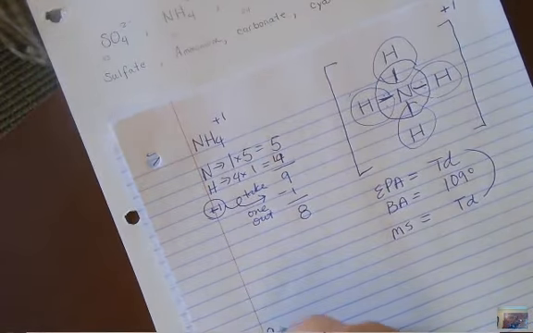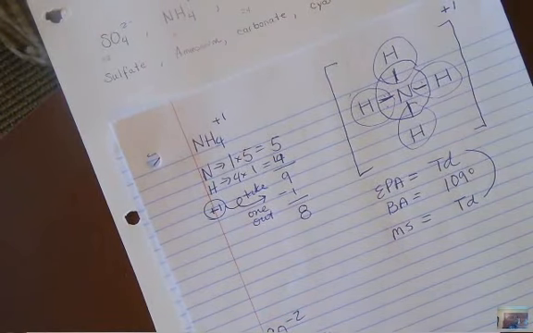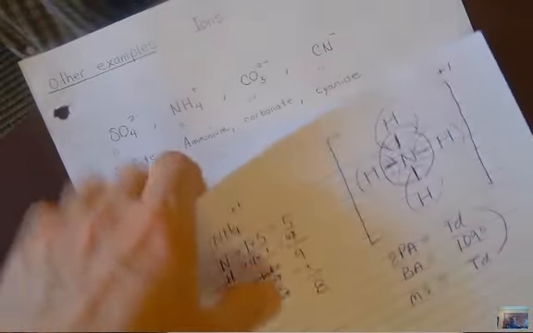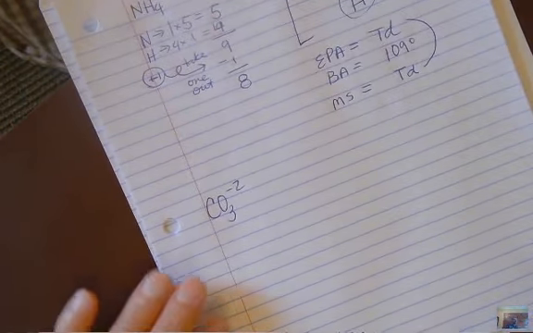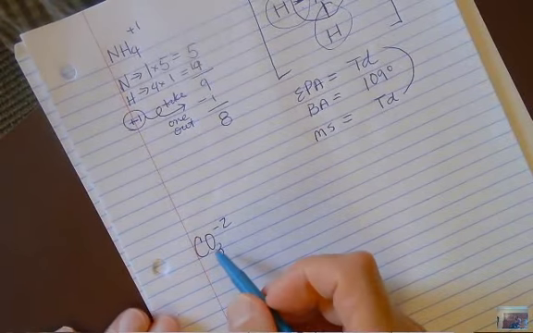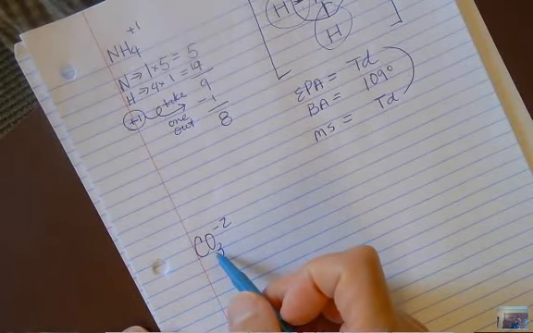Okay, let's do carbonate quickly. So carbonate, I'm going to do CO3, and then I've got to add 2 extra electrons to it. It's going to have 2 more than CO3 would. CO3 is unstable, right? In gas phase chemistry, carbon forms bonds with 1 oxygen and 2 oxygens.